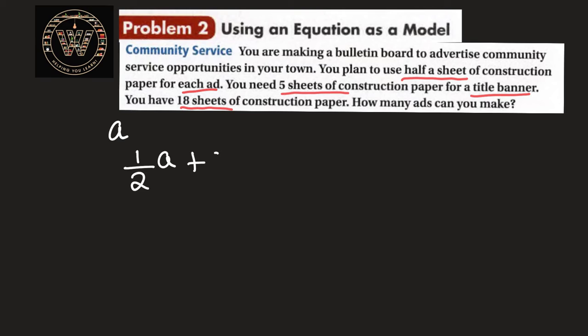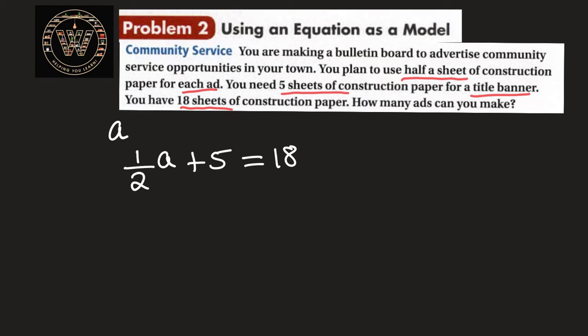So plus 5 sheets. The total number of sheets should make up to be 18 because we have 18 sheets. So is equal to 18. So we have modeled this word problem in the form of an equation. Once we have done this, it's very easy to solve for A now.